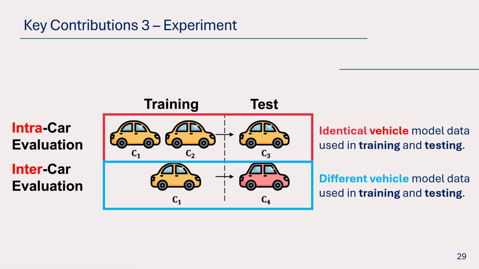The experimental setup is as follows. Training is performed on a single vehicle model. Next, we evaluated the model's performance through an intra-car assessment, testing it on the same vehicle model used for training. We also conducted an inter-car assessment to evaluate performance on other vehicle models with limited data.